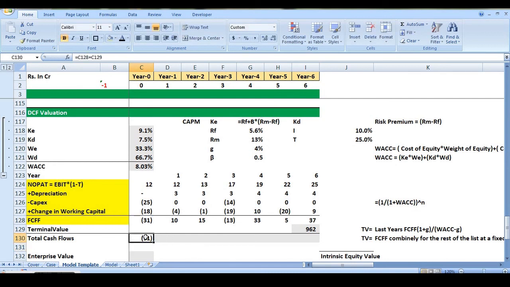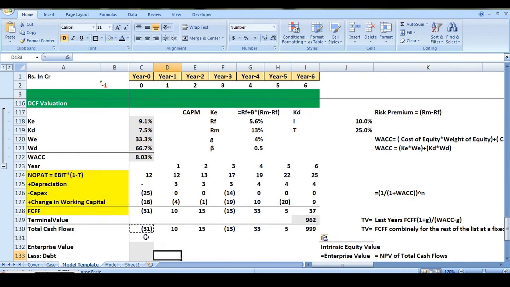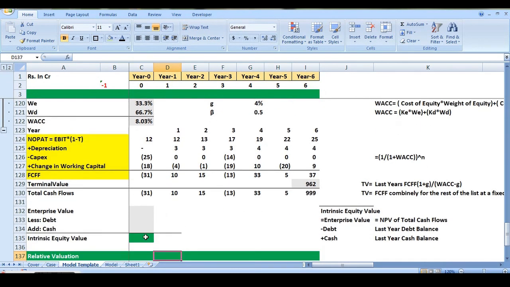I calculated for all the years and we get the total cash flows, and we come to the last part of DCF calculation as enterprise value, calculation of equity value, which is simply equal to enterprise value minus debt of the last year plus cash of the last year.